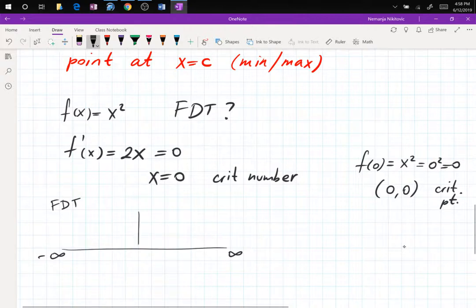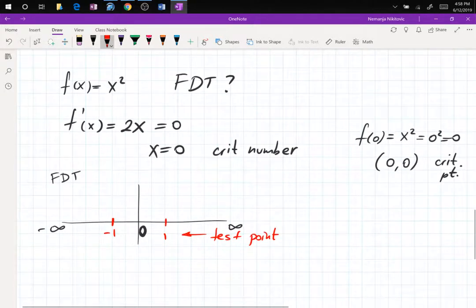We partition that at 0, which is our critical point. Then, in each of the regions, sometimes you have more critical points, so you have more regions. In each of the regions, you pick a test point. And those are your C's to run in the calculation for the first derivative test.